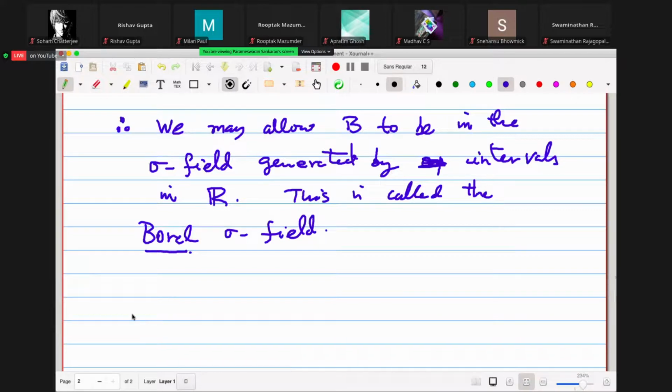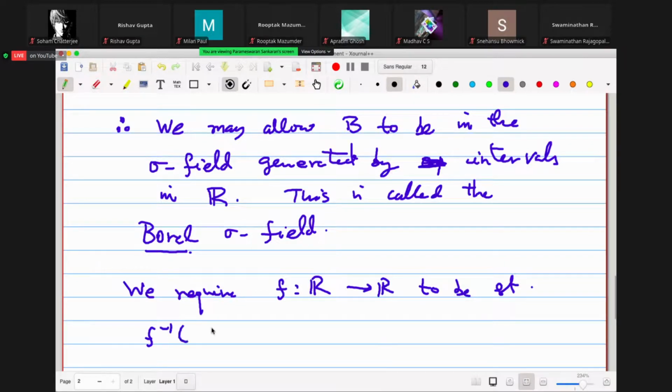And first of all, we require f from R to R to be such that f inverse of B is again in the Borel sigma algebra.